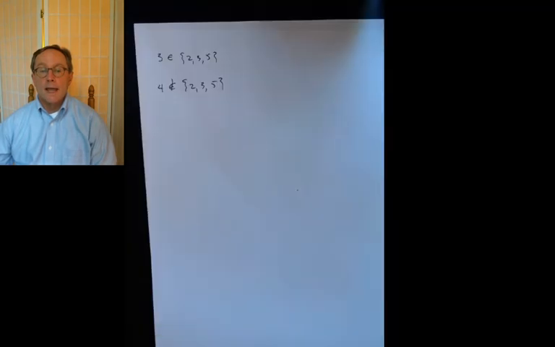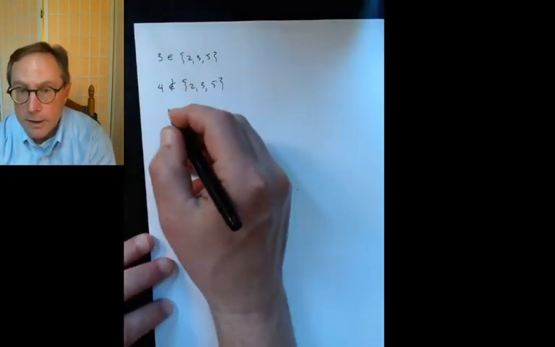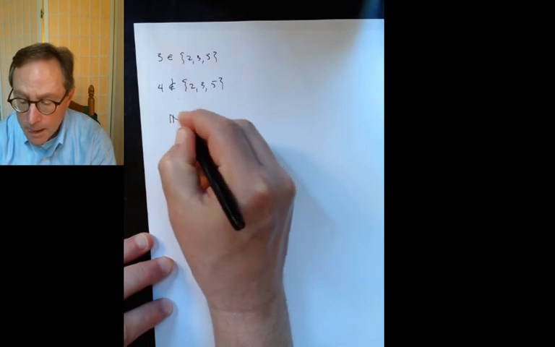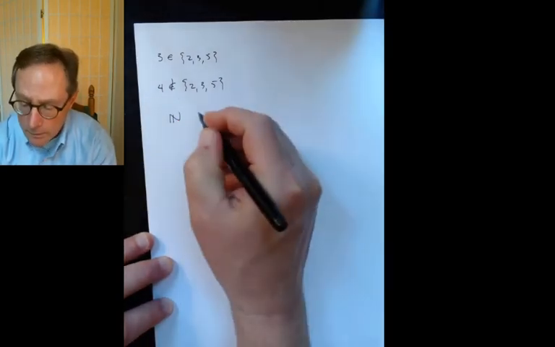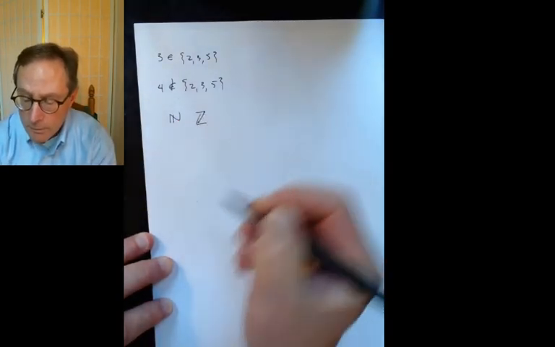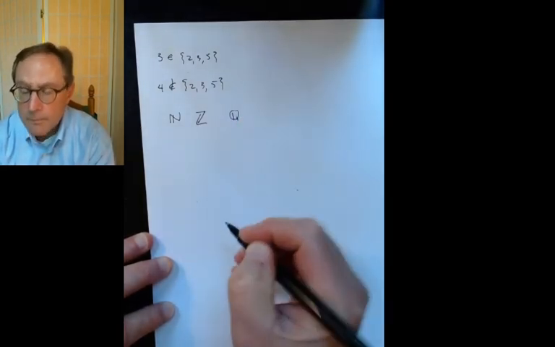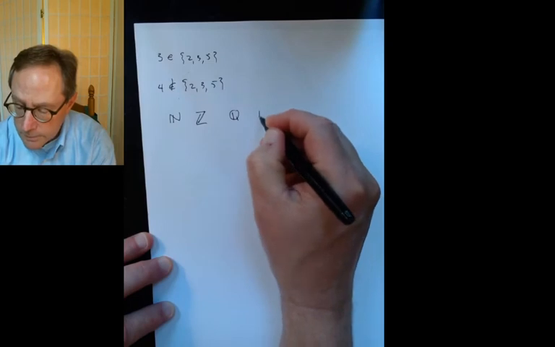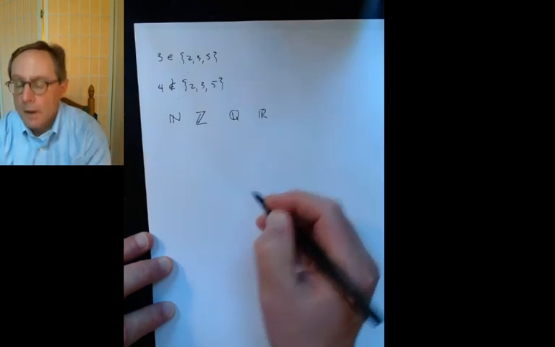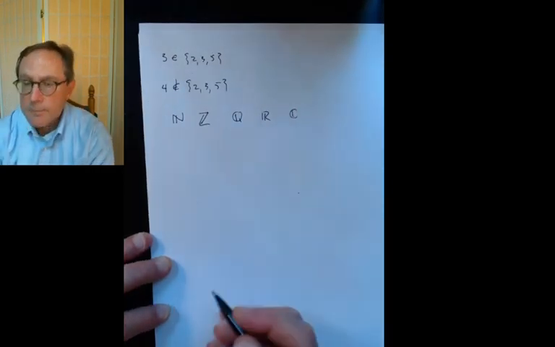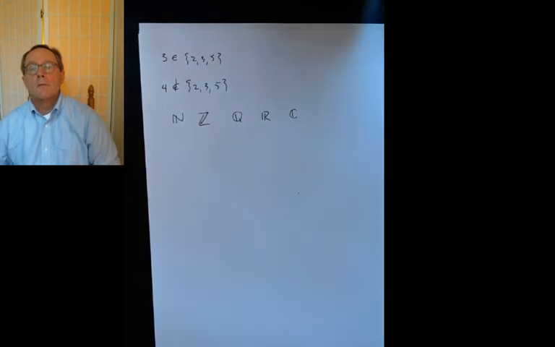So my handwriting for any of these would be the natural numbers, the integers, the rationals, the reals, and the complexes.